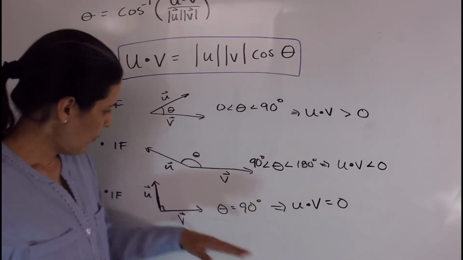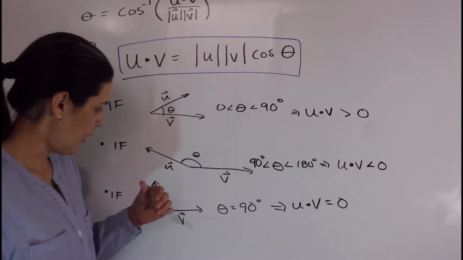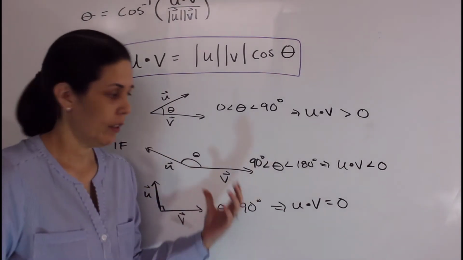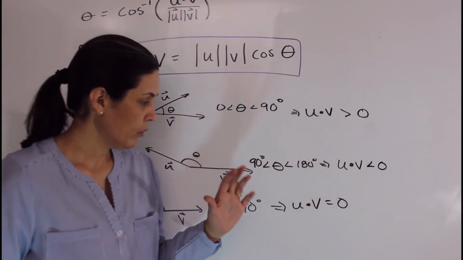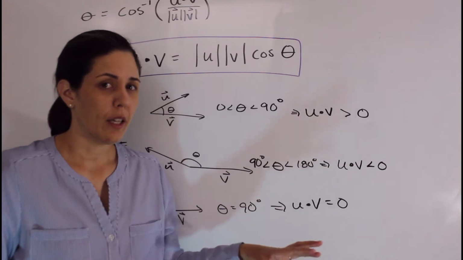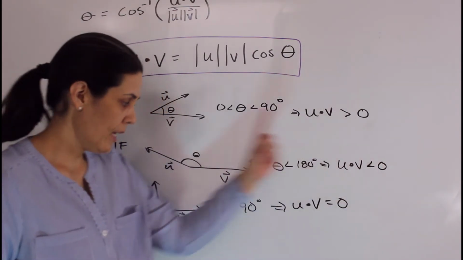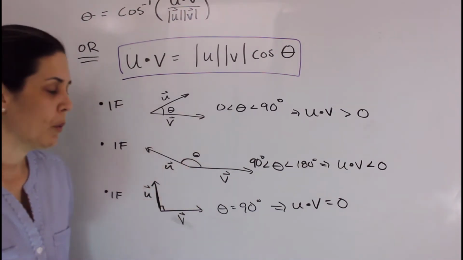And this one, you can work both ways. Let's say you knew that the angle between your vectors was 90. You could say the dot product's 0. Or if you knew that you had two vectors and somehow you were told, or you knew the dot product was 0, you can then say, well, they must be perpendicular to one another, 90 degrees between them.